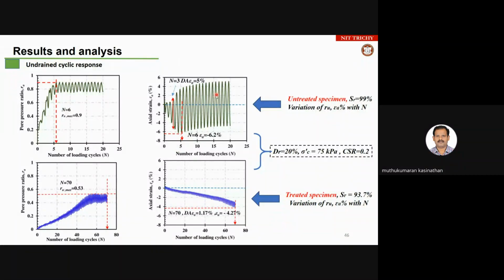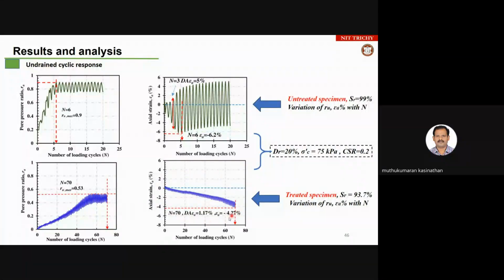And look at the strain criteria. The untreated sample reaches the maximum. I mean, even at the 6th cycle itself, it reaches a double amplitude strain close to 6.2%. That means, according to the criteria, it has reached the liquefiable state.